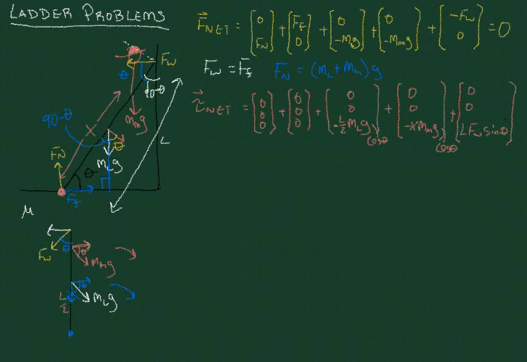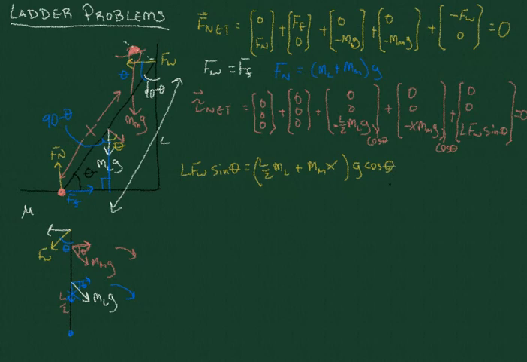So this again just gives us a simple equation that we can solve. We say that L times the force on the wall sine theta is equal to L over 2 times the mass of the ladder plus the mass of the man times x, times g cosine theta.